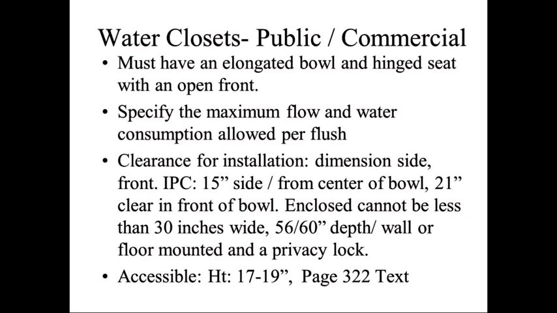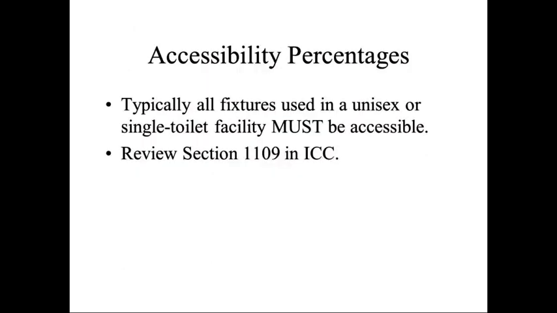Accessibility height, 17 to 19 inches, and you see that in your textbook. Accessibility percentages: typically all fixtures used in a unisex or single toilet facility must be accessible. So review section 1109 in your ICC code book.